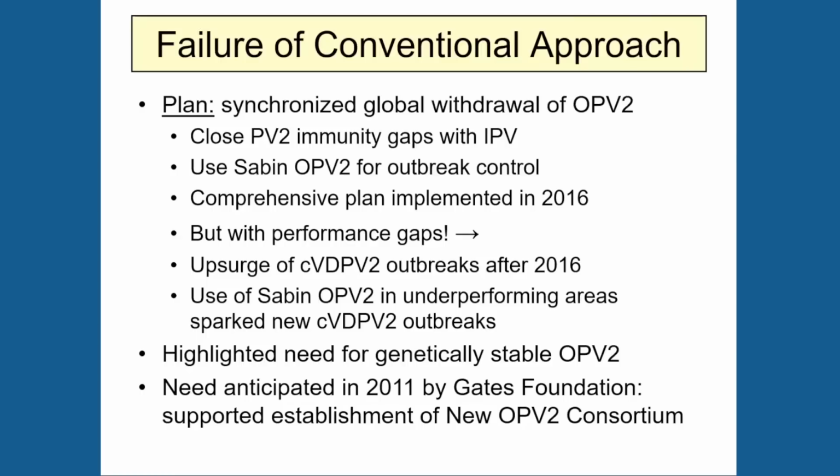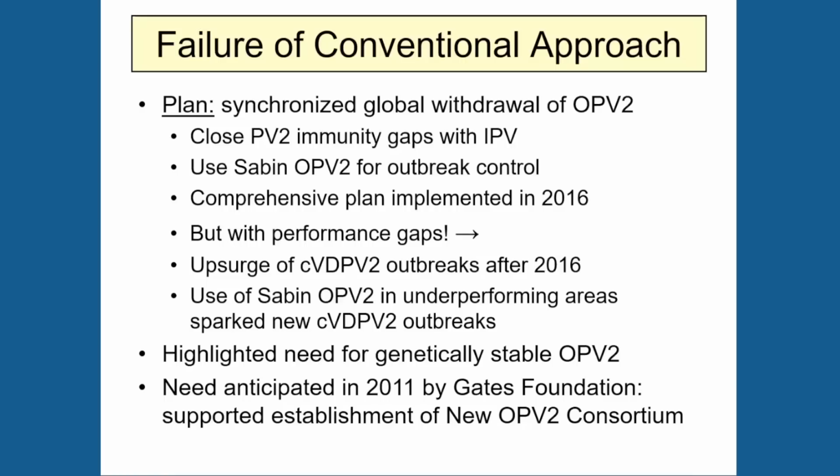And ahead of that, they tried to close the PV2 immunity gaps with IPV. But of course, the problem with IPV is it does not cause intestinal mucosal immunity. So it causes humoral immunity, blocks respiratory transmission, but does not block fecal-oral transmission. The idea was to use Sabin OPV for outbreak control if need be.